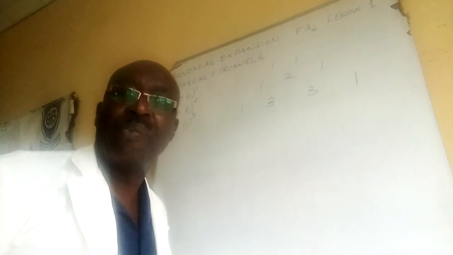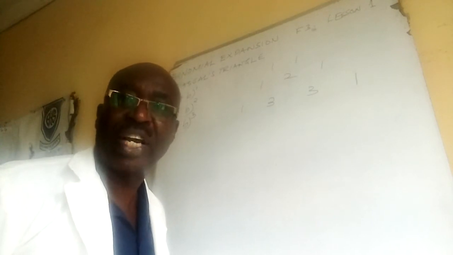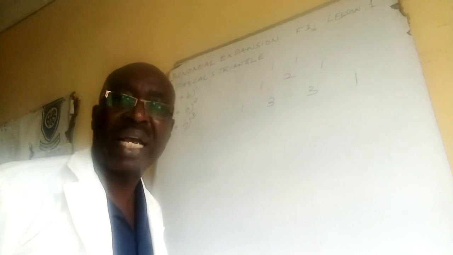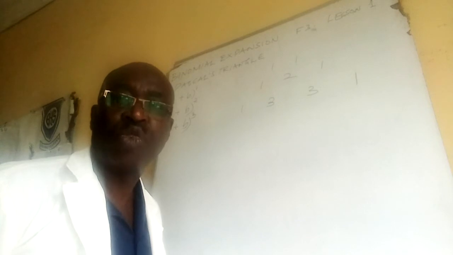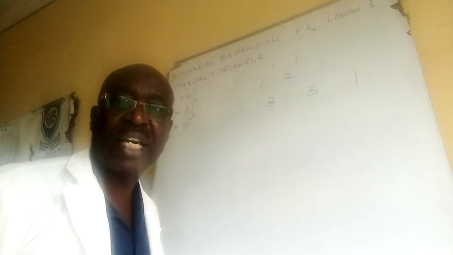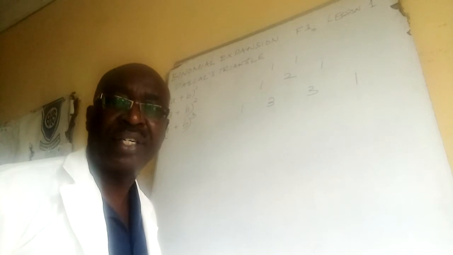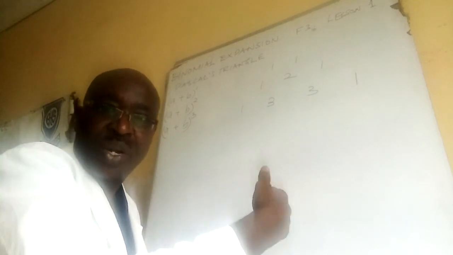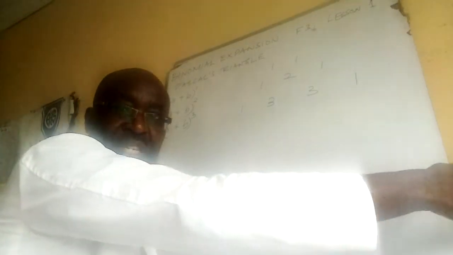So if I ask you, how many terms are there if you expand A plus B in bracket to power 8? How many terms? When you expand, how many pieces will be there?